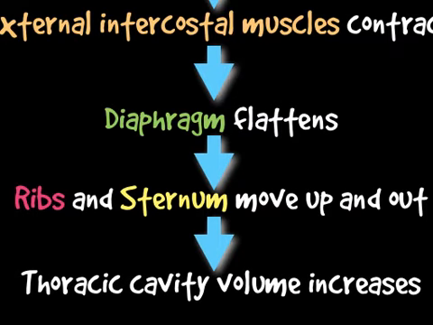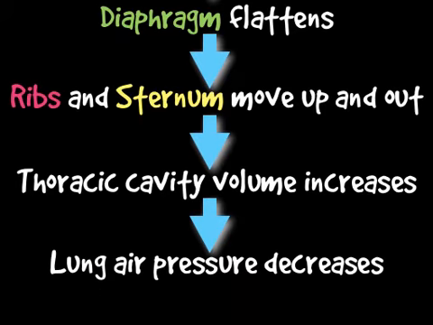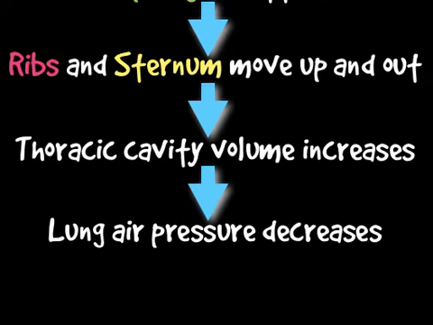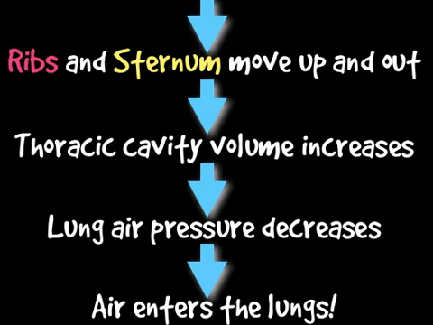Therefore, your thoracic cavity volume increases, which is where your lungs and your entire chest area starts to get bigger. The air pressure inside your lungs decreases, and that allows oxygen to come into the lungs, which is the end process.